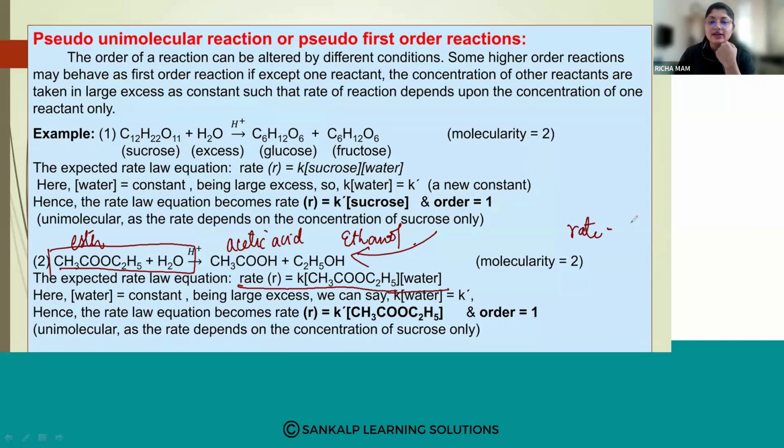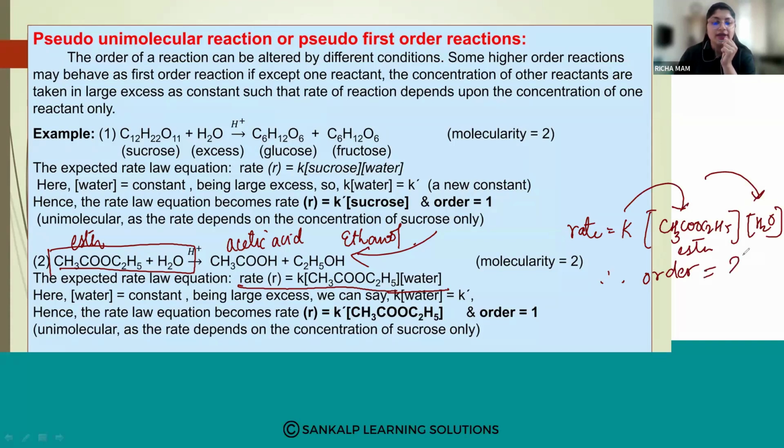Rate equals k times CH3COOC2H5 and water. So it depends on the concentration of ester and also on the concentration of water. When you consider the order, it appears to be two.